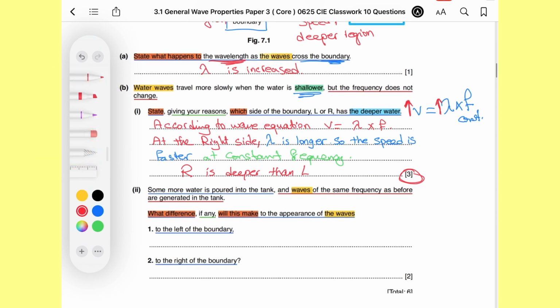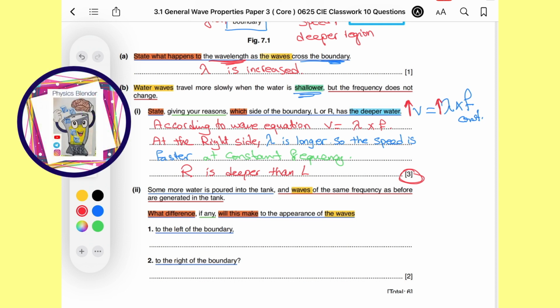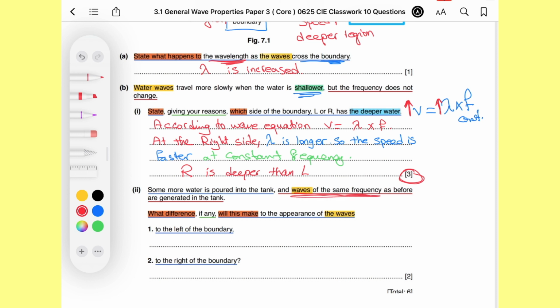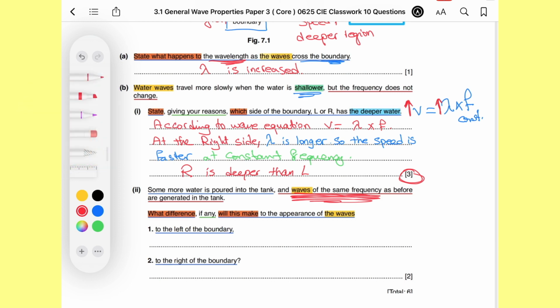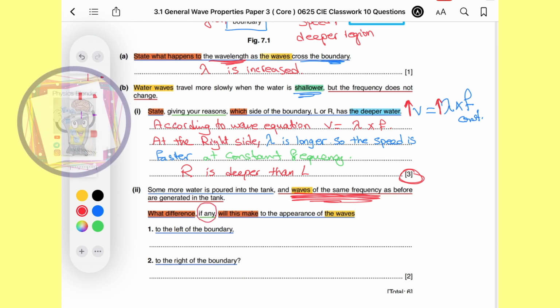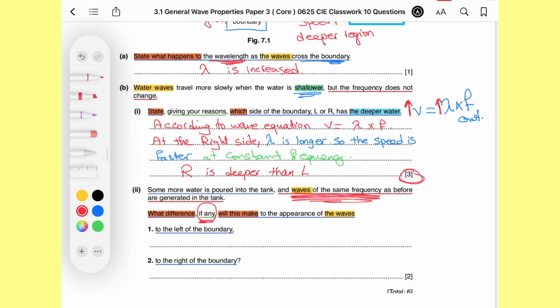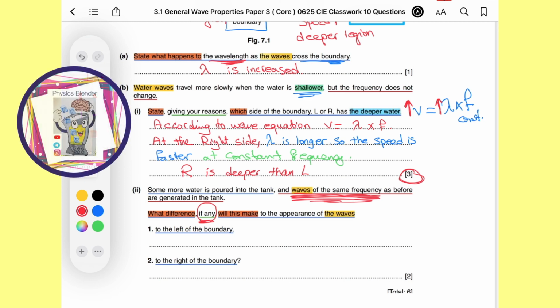Some more water is poured into the tank, and waves of the same frequency as before are generated in the tank. What difference, if any, maybe there is no change, will this make to the appearance of the waves?